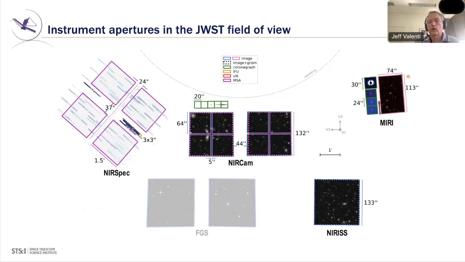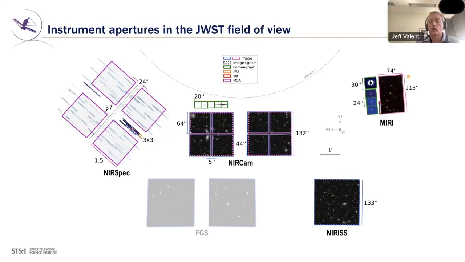Just to be clear about prime and parallel instruments, this is the field of view for JWST. There's a little indicator here that shows what 1 arcminute is, and for a given observatory attitude and roll, each instrument mode looks at a different part of the sky.